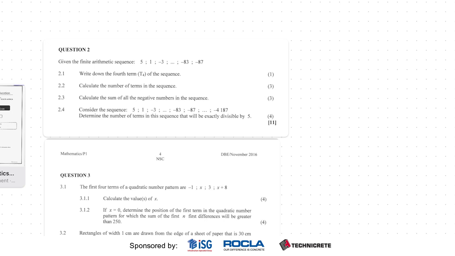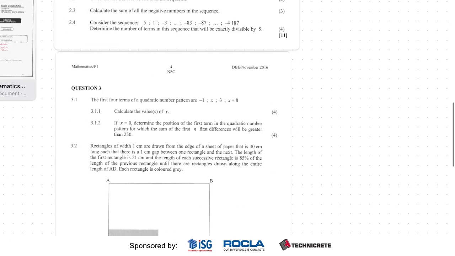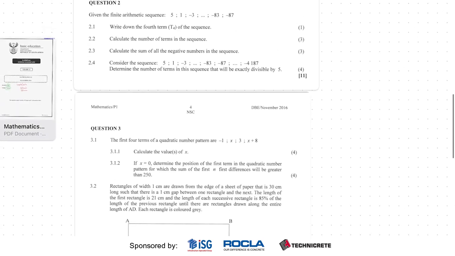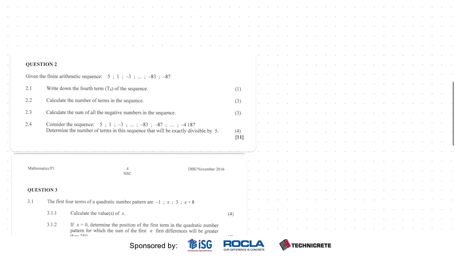In this video we are looking at grade 12 mathematics paper 1 from November 2016. We're going to try and get through question 2 and question 3 of this paper. Question 1 has been done in a separate video.